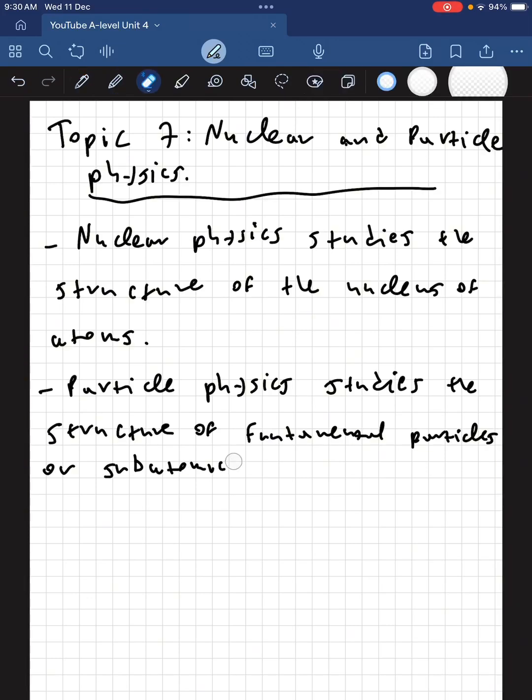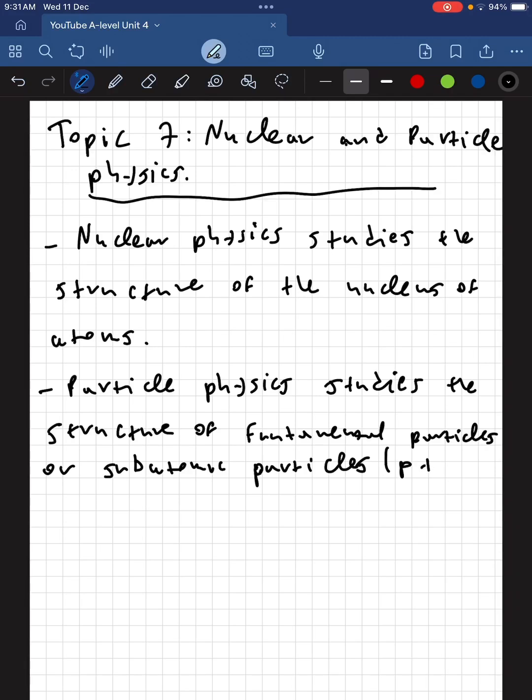And all these particles are used to build all matter in the universe.